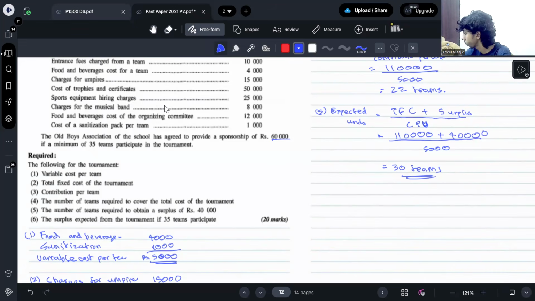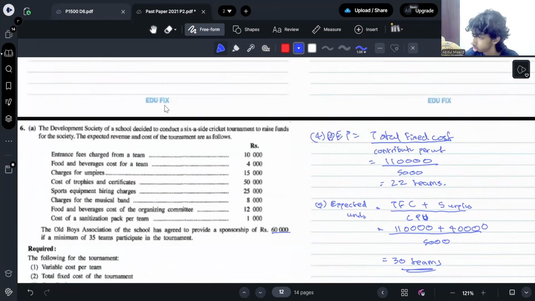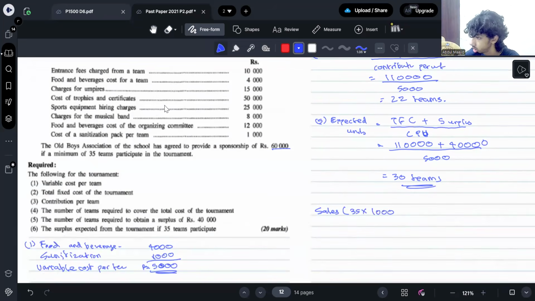So sales will be 35 teams into per team the charge is 10,000, 350,000, minus variable cost per team. So 35 teams into variable cost 5,000. That will be 175,000.